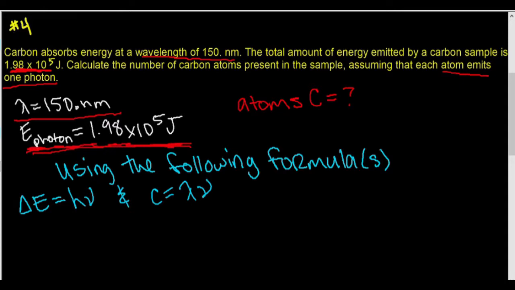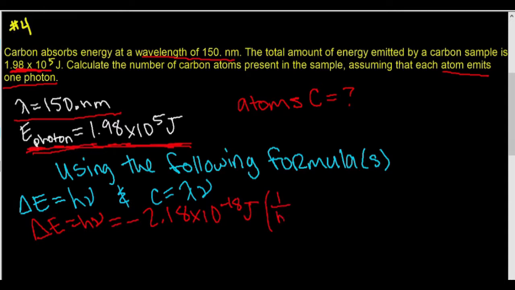If you look at her page, the exact thing that this one says is delta E equals h nu, I'm sorry, not V, which is equal to negative 2.18 times 10 to the negative 18 joules, multiplied by 1 over n final squared minus 1 over n initial squared, I believe.